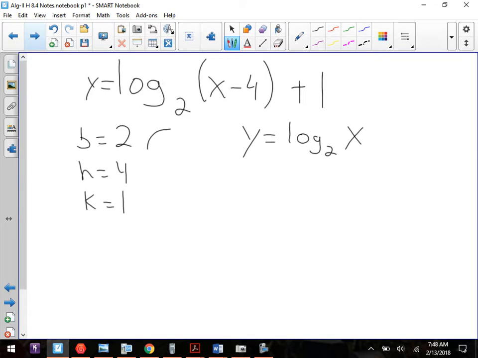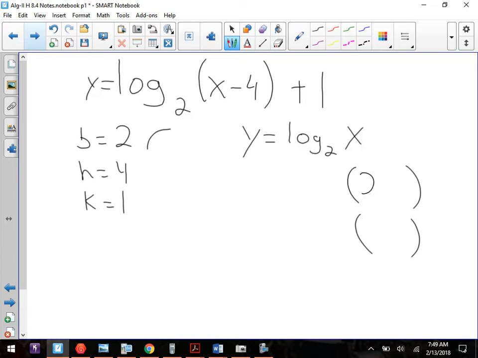What's nice about the parent functions when you're dealing with logarithms is that you only need 2 ordered pairs. The ordered pairs you're going to use deal with the properties: log base b of b is 1, and log base b of 1 is 0. Those 2 properties are the ones you're going to use to plot your points. So all we have to pick for values of x is whatever the value of b is, and 1.